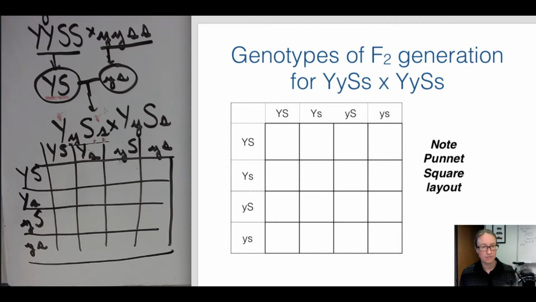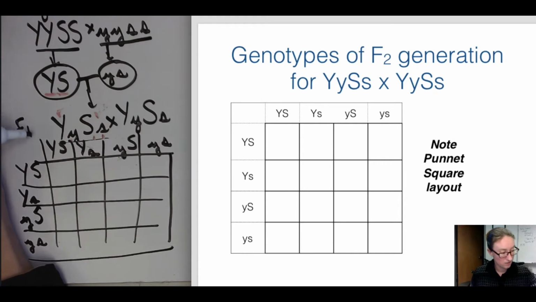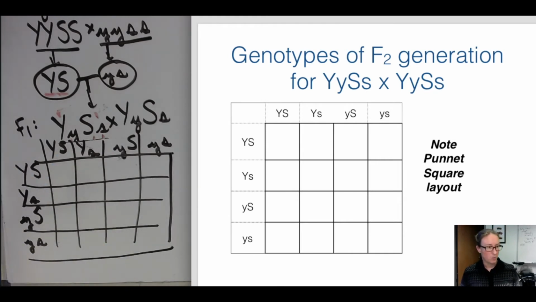Okay, so here's my Punnett square layout. So if we want to look at the genotypes that result from this F1 cross, this is our fertilization matrix. All we need to do is combine row 1, column 1.